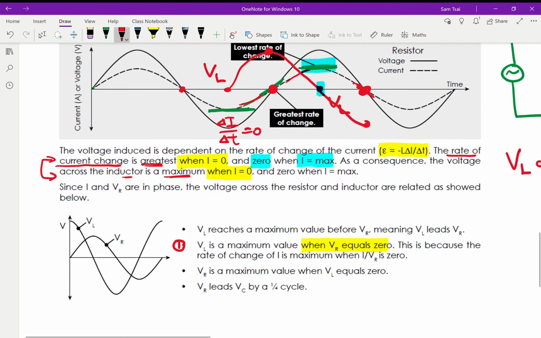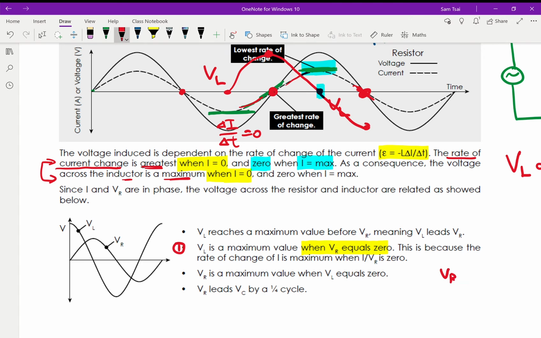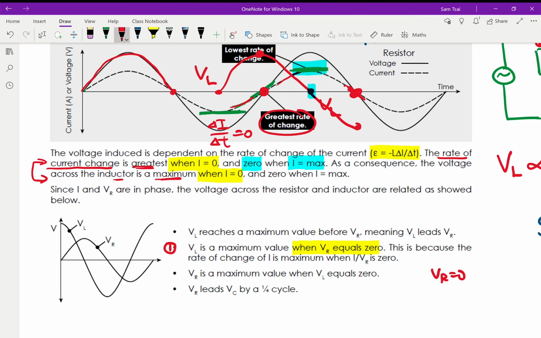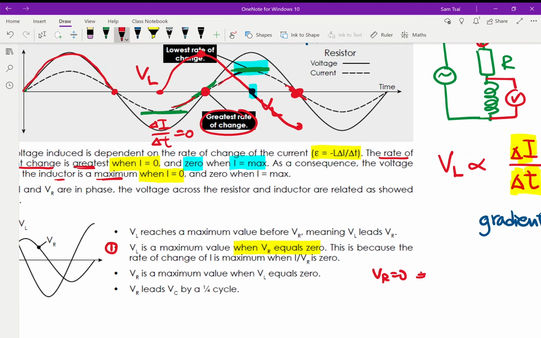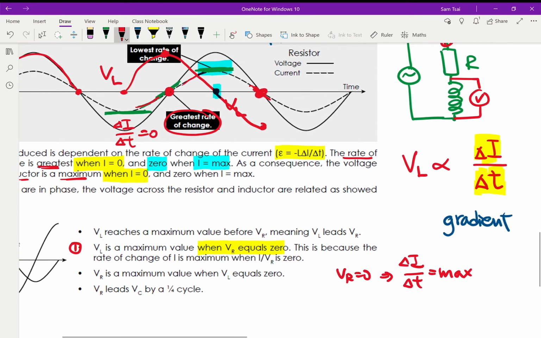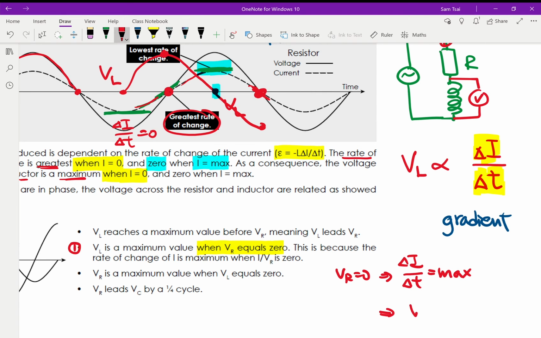When VR equals 0, if you check the diagram, VR is here. When VR is 0, the gradient is maximum. Am I right? And if this is maximum, then VL will be maximum.